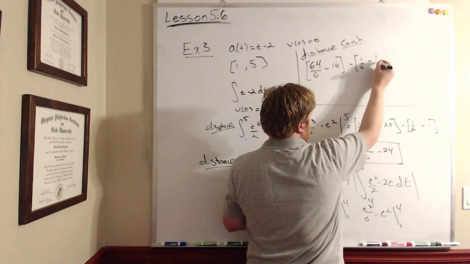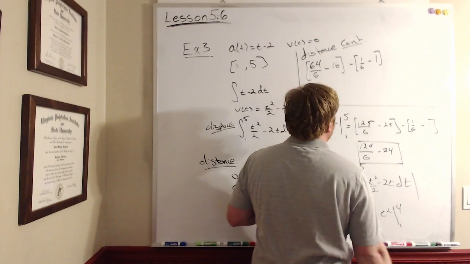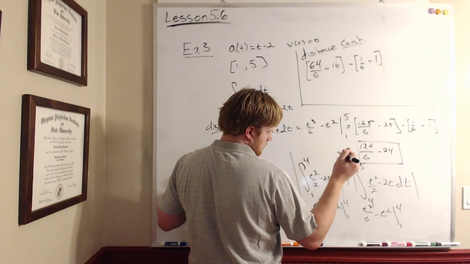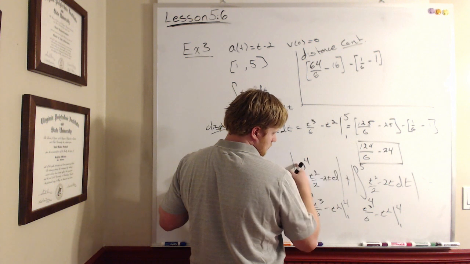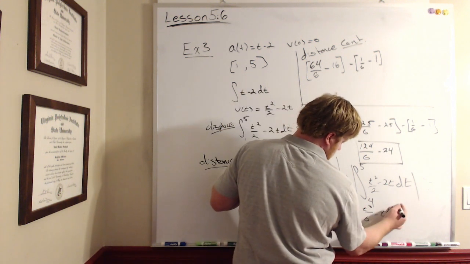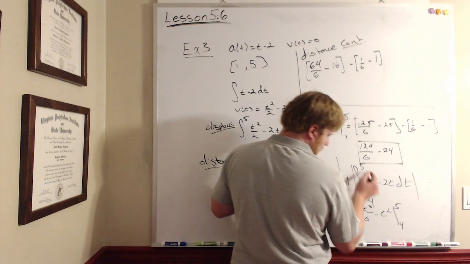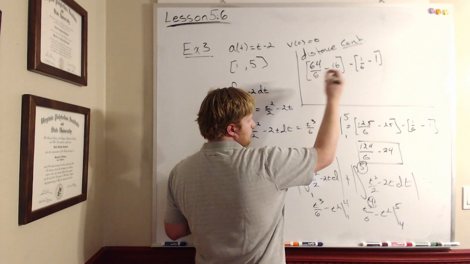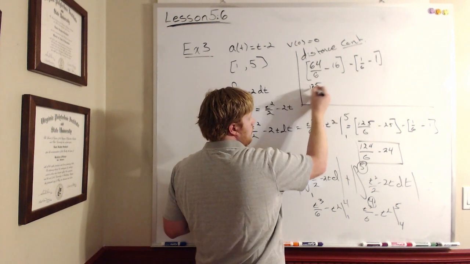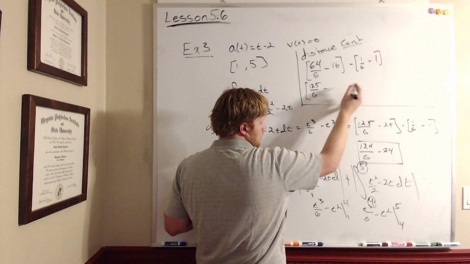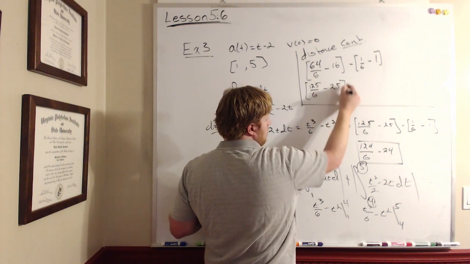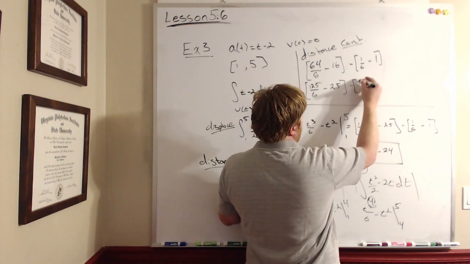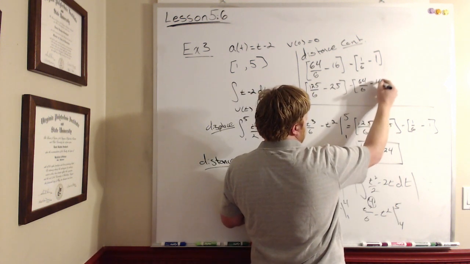So 1/6 minus 1. Here, I messed up my bounds there. So 5 is going to be 125 over 6 minus 25, minus, plug in a 4, is 64 over 6 minus 16.